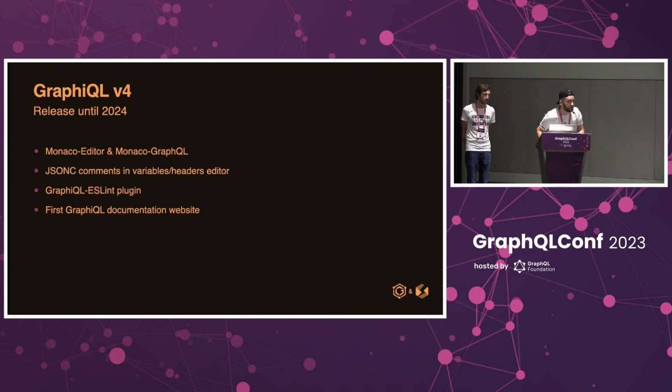So, this is a summary of GraphiQL v4: Monaco editor, Monaco GraphQL, JSON-C comments in variables and headers editors, GraphQL ESLint plugin for validating your operations and fixing errors, and GraphiQL documentation website.